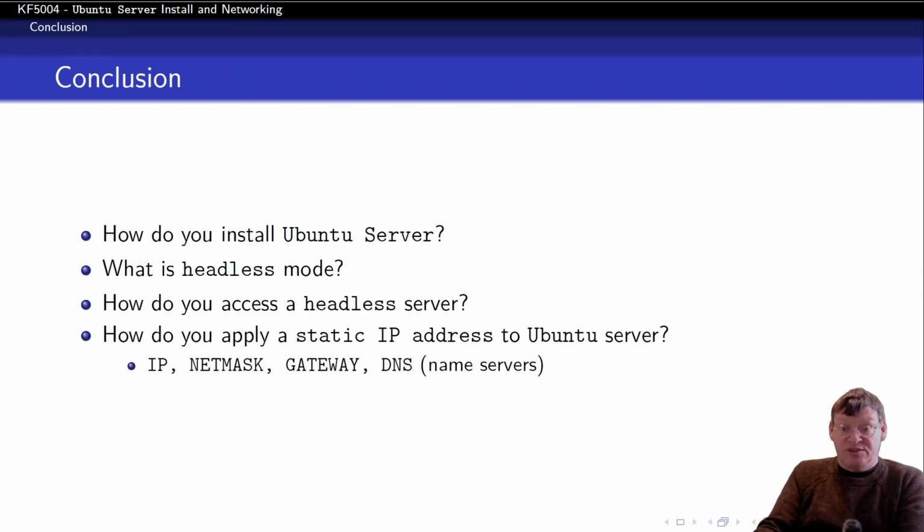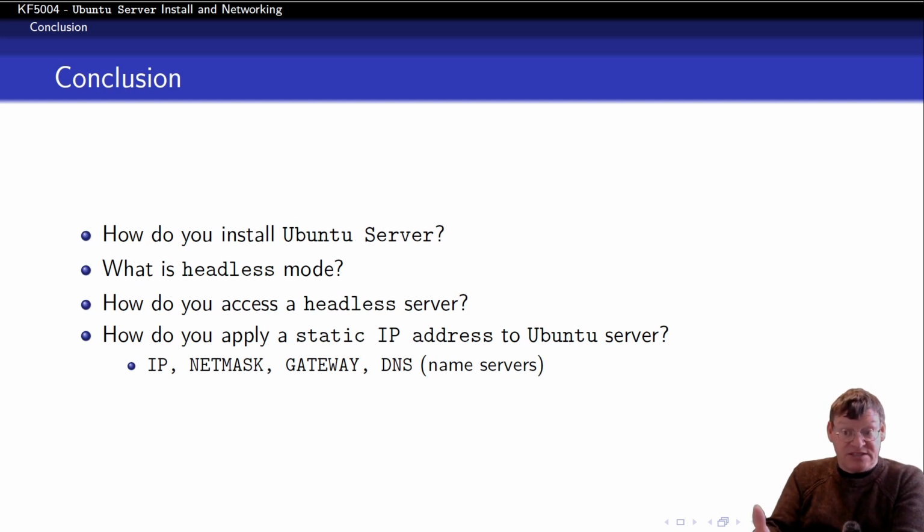So what have we actually found out from doing this installation? Well, we now know how to install Ubuntu Server. On top of that, we know how to set up VMware to support Ubuntu Server. We know what headless mode is now. Basically, no keyboard, no monitor, and your machine's actually in a rack somewhere.